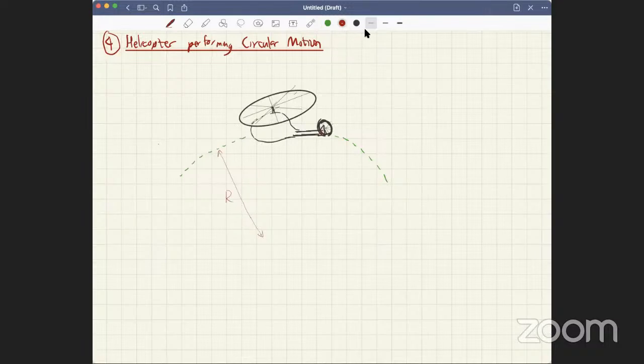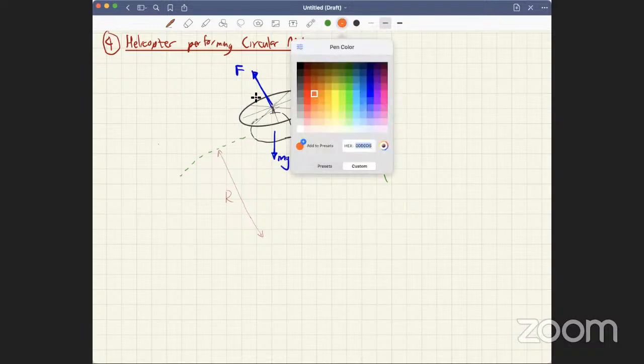Okay, and when it comes to the forces, mg will be acting downwards like this, and the lift force is slanted, because you can see it's tilted. The rotor is tilted. Mg will be down. So again, we can take the components.